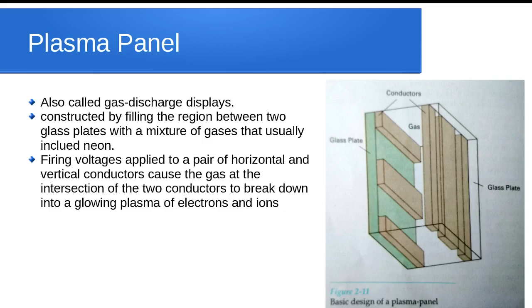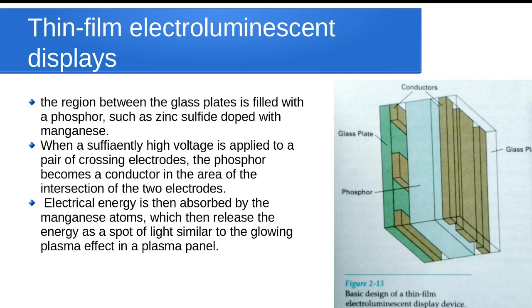Now we should see thin film electroluminescent displays, which are mostly similar to plasma displays, only the gas is no more available here. Now we have a kind of phosphor. This phosphor includes zinc sulfide doped with manganese. The same thing applies here: conductors are there, and the intersection of these two conductors specifies a pixel.